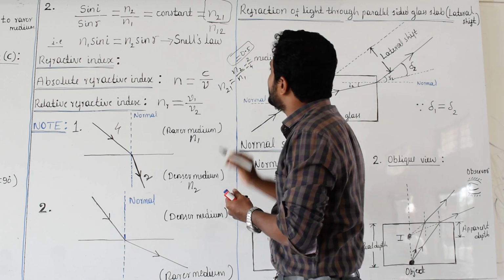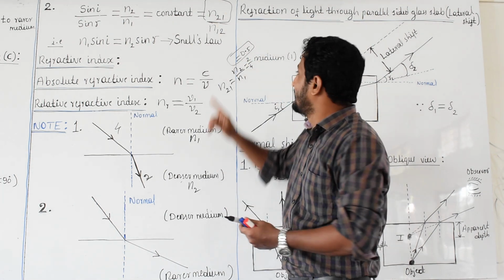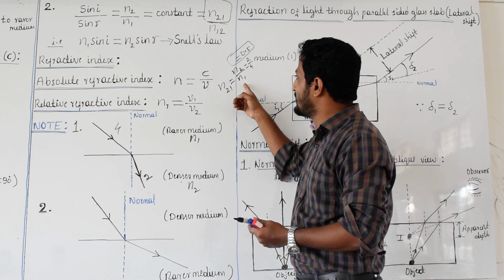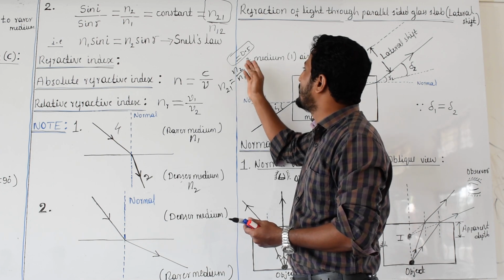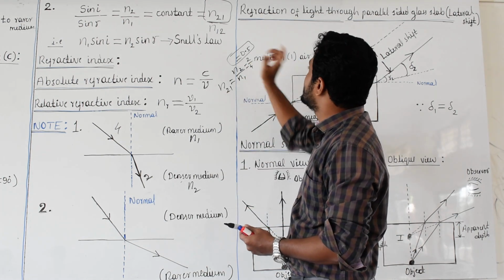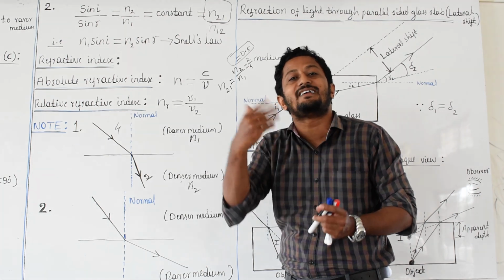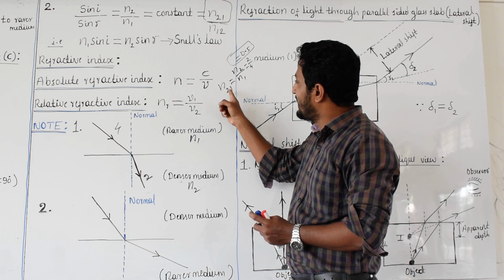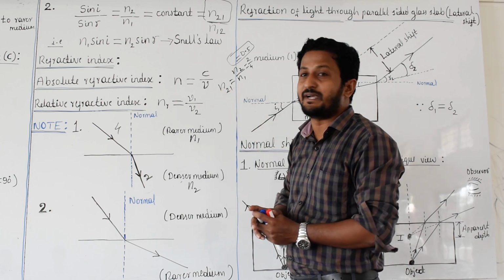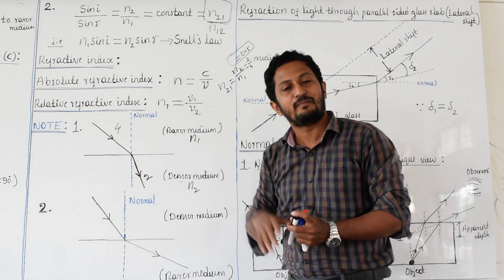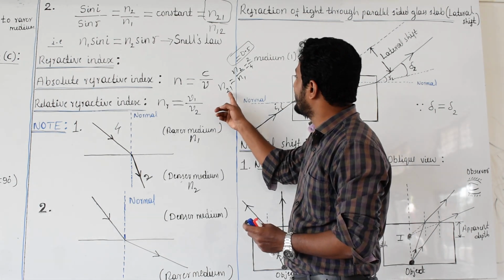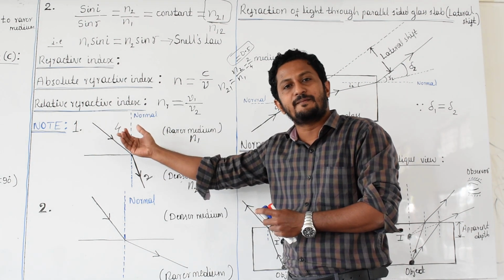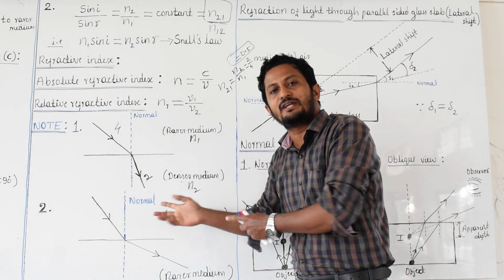What is this 0.5 telling? n21 means n2 by n1. Taking their respective values, you got n21 as 0.5. What does this 0.5 tell? The speed of light in the second medium with respect to the first medium is 0.5. Compared to the first medium, it got decreased.